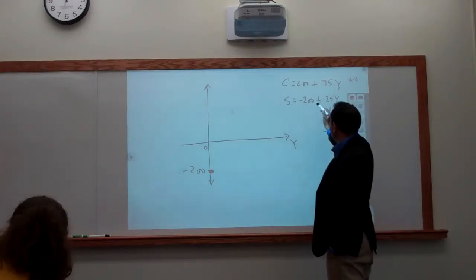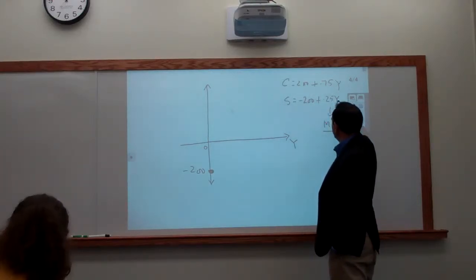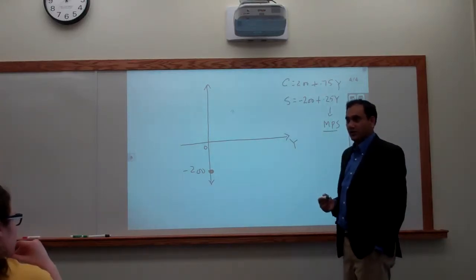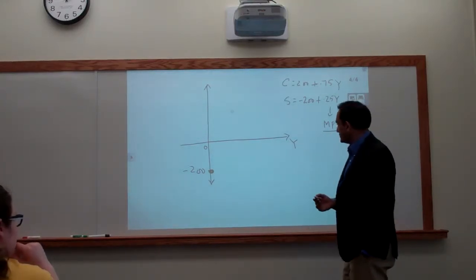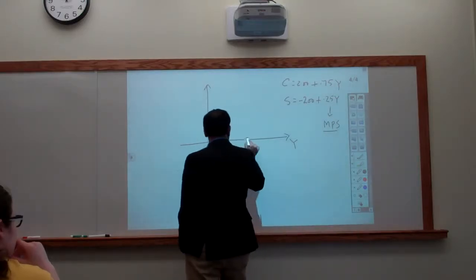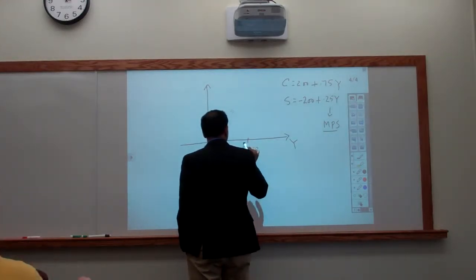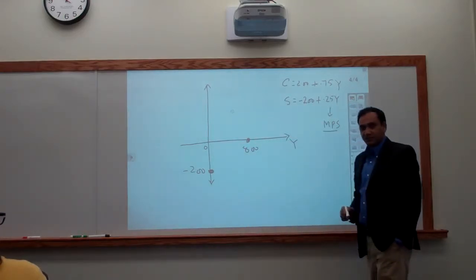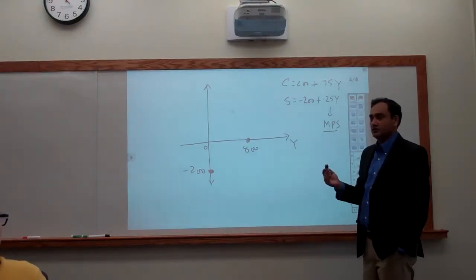So if S is 0, it becomes 200, so y equals 200 divided by 0.25, which gives you $800. So that's correct. Let's say $800 is here. So I got another point. When income is $800, savings is 0, right?